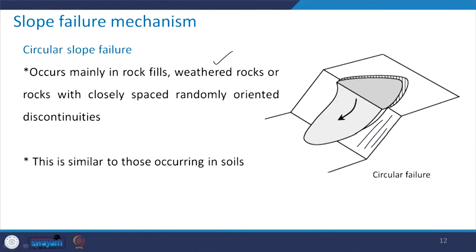You see there is a 3-dimensional picture shown here. This is the slope face, and in a circular fashion this mass is coming down. So, this is what is called the circular slope failure.